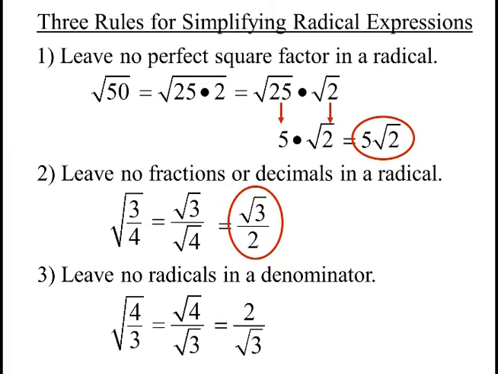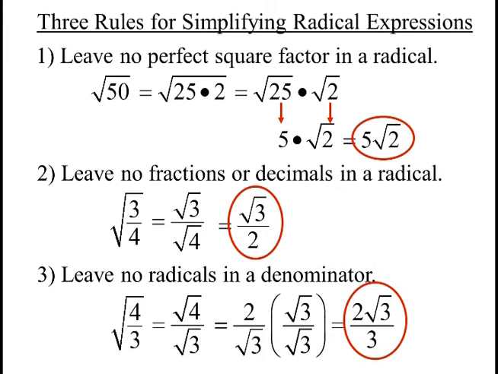We need to get the root 3 out of the denominator because you can't have any radicals in the denominator. So to do that, I'm going to multiply by root 3 over root 3. This is allowed because root 3 over root 3 is 1, and when you multiply stuff by 1, it doesn't change. So you get 2 root 3 over 3. You no longer have a radical in the denominator, and that's fully simplified.